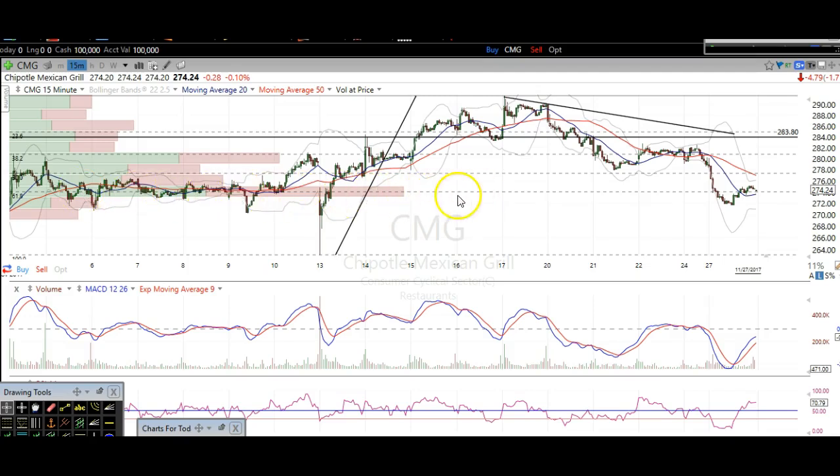This is volume by price that I use on my chart, very similar to volume profile. It's the same concept: volume at a certain level of price as opposed to volume over a certain time frame, which is really the standard volume that a lot of people use, and I use both. So volume is very, very important.